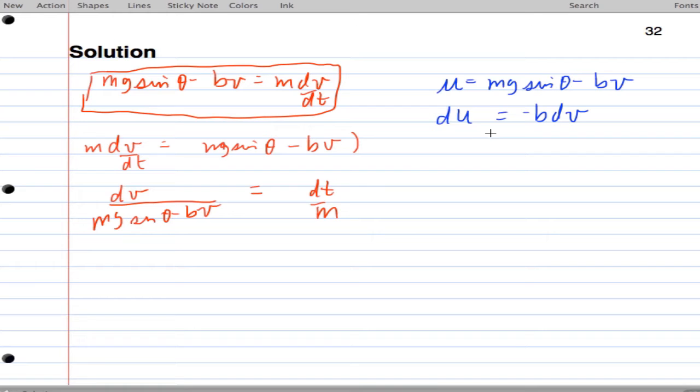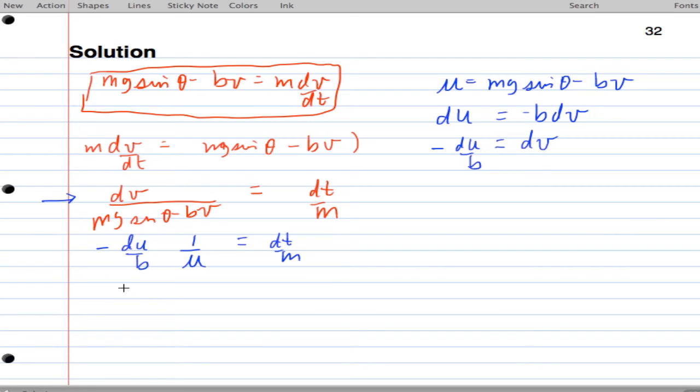Again, if you are in Calc AB, this is good enough. And then you're going to end up getting negative du over b equals dv. So now what we end up getting is negative du over b times 1 over u equals dt over m.